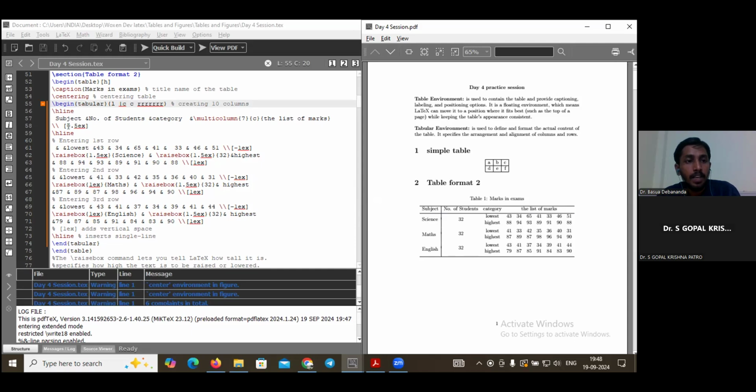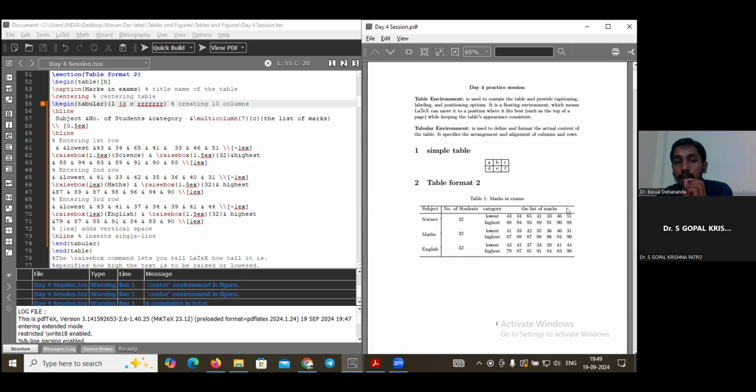Now you can see I have written 0.5ex in this square bracket. What is this? This is the gap. What is the width I want after these vertical lines?